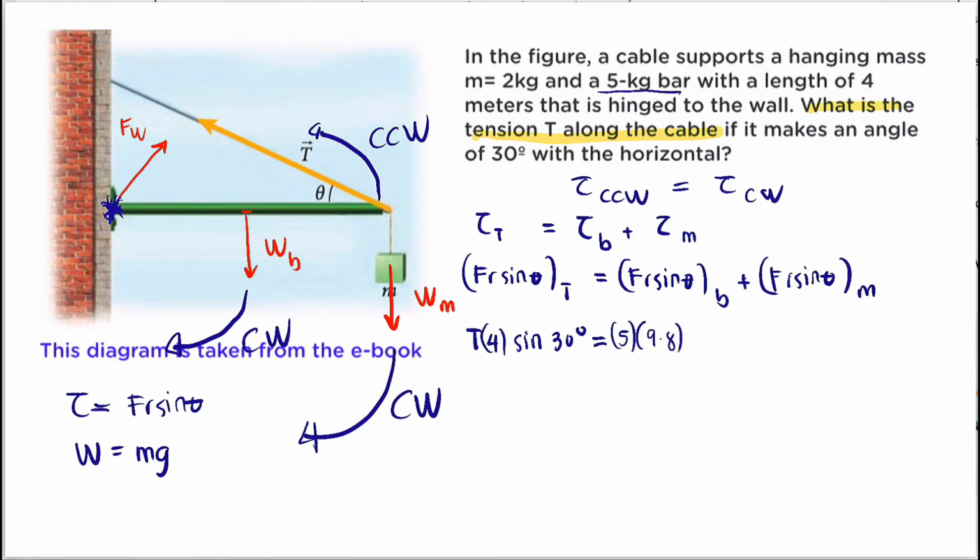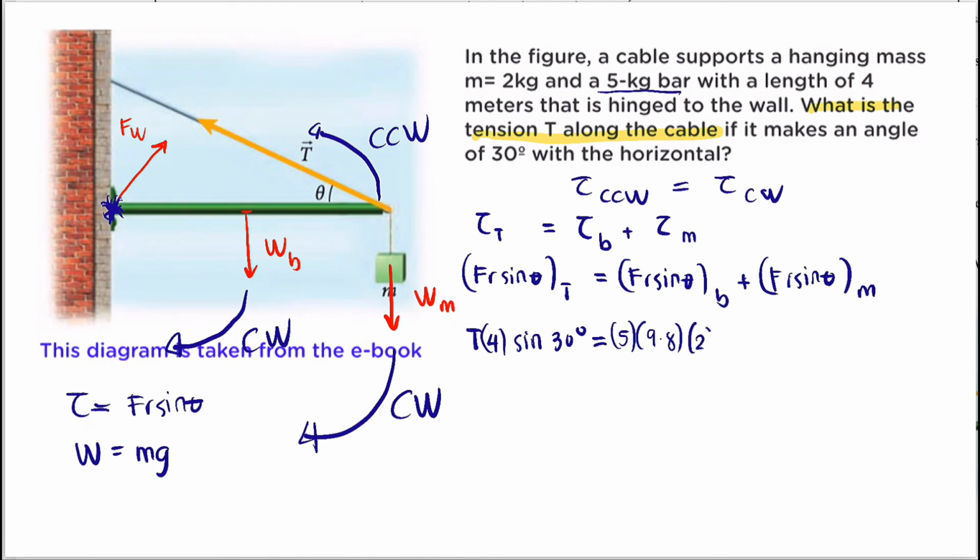Now the R, once again, is the distance between the pivot point and the point where the force is being exerted. So in this case, the weight of the bar is drawn in the middle of the bar, so the R in this case is just equal to 2, because if the total length of the bar is 4, half of it where we have drawn the weight of the bar is going to be 2 meters.